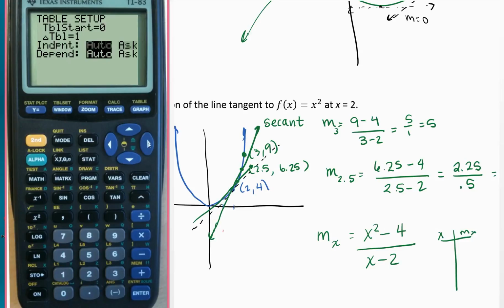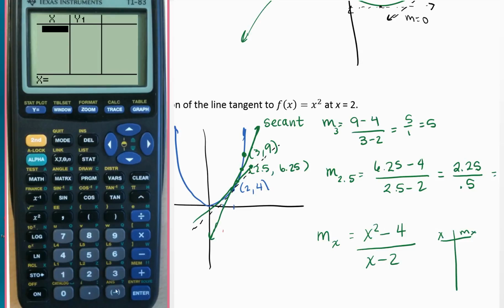I'm going to turn my table set to ask so I can put in values. So when we put in 3, we saw that we got 5. When we put in 2.5, we saw that we got 4.5. Well, what if we put in something like 2.1? Well, then we get 4.1. And what if we put in something even closer to 2, like 2.01?